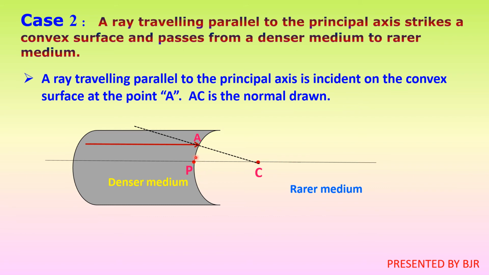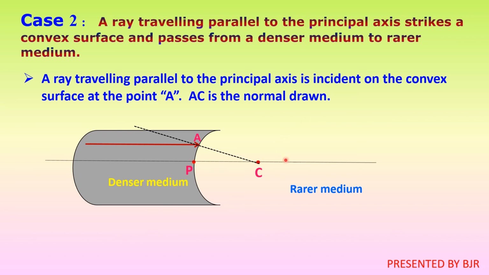Snell's law here? Here you see I am explaining in different way. Here this is called as the angle of incidence. So here this one is the denser medium. Okay, so denser medium means the refractive index is more. When the refractive index is more, the angle of incidence is less here. That means this ray will get refracted in such a way that the angle of refraction comes more.